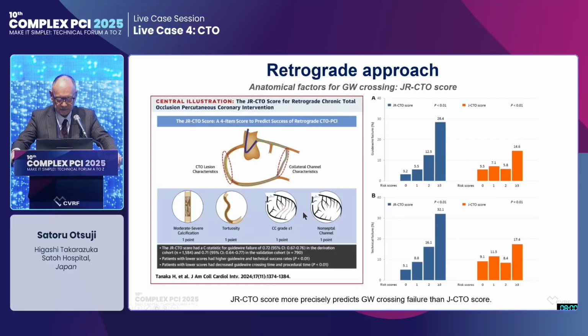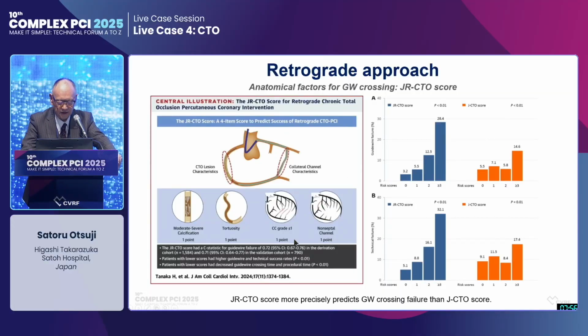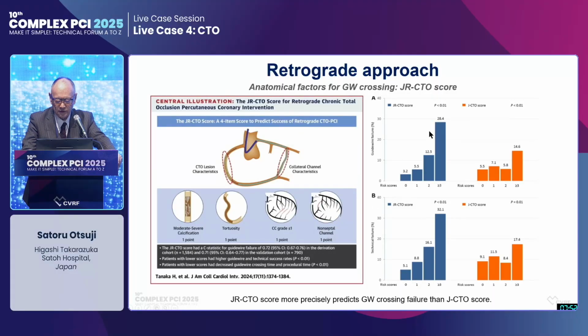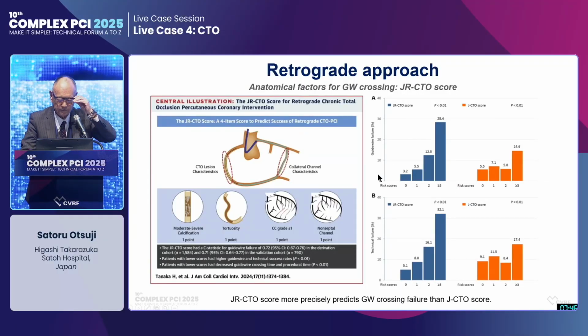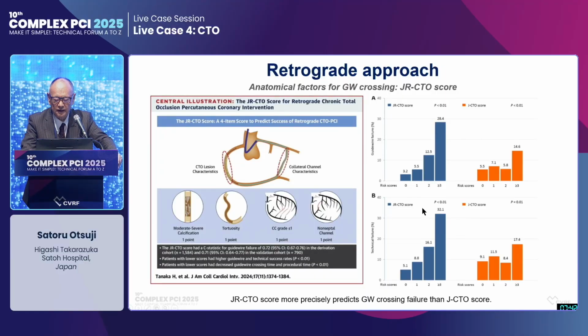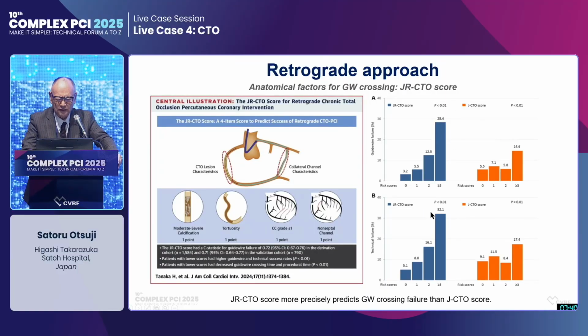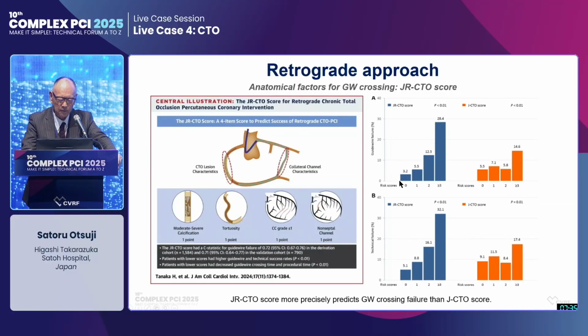This score predicts guide wire crossing failure more precisely than the J-CTO score. But the cumulative failure of 28% and 32% is not sufficient for the overall procedure.